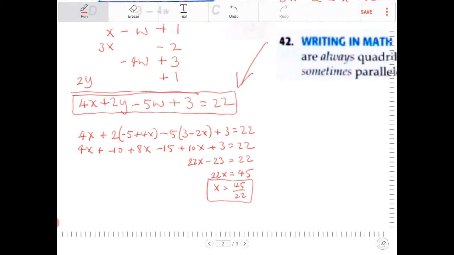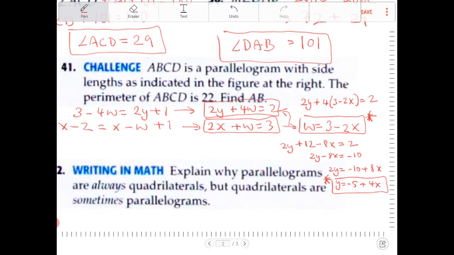I just want to make sure that I did all of this correctly here. 3 minus 4w is equal to 2y plus 1, so 2y plus 4w is equal to 2. Yes.